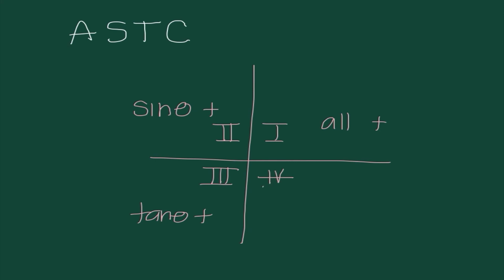And in quadrant 4, cosine is positive. So basically, if I can determine what the reference angle is, I can use those 9 trig functions that we memorized and then look at the quadrant to determine if something should be positive or negative. So why don't we go ahead and practice some problems using this method.